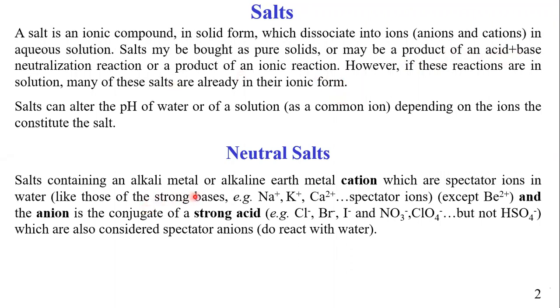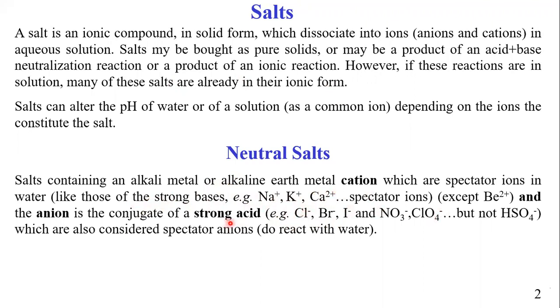The first type of salt is a neutral salt. In the neutral salt, both the cation and the anion are spectator ions. If you remember, the cations that are spectator ions are the ones that come from a strong base, such as sodium, potassium, calcium, the group 1A and 2A elements.